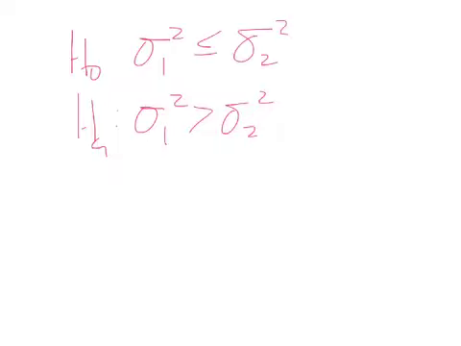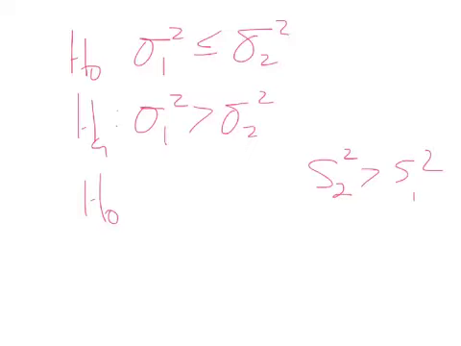Now, if it turns out that our sample S2 squared is much greater than S1 squared, well, you know that it's not going to support this hypothesis that sigma 1 squared is greater than sigma 2 squared. So we could actually switch things around and say, here's what we will do.